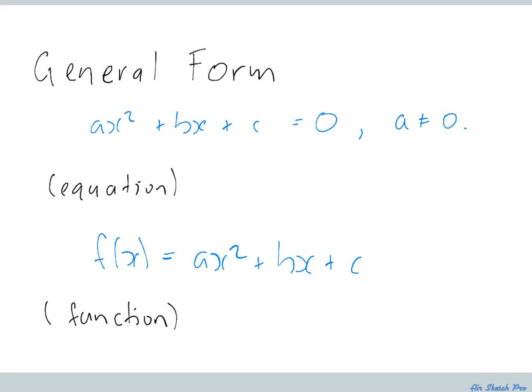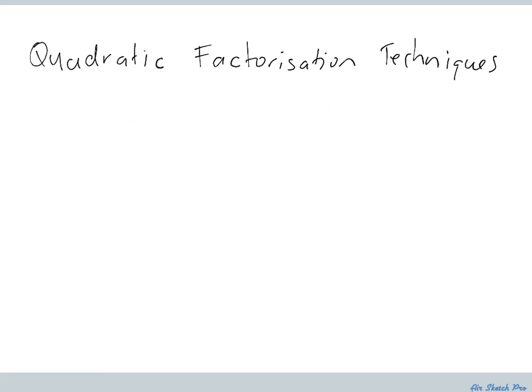If we can graph it, then we are able to look at the graph and make some interpretations, which is the reason why we would graph it. So what I would like to do is go through some common quadratic factorisation techniques. Factorising quadratics is really, really important. If we factorise a quadratic, then we are able to solve for x.